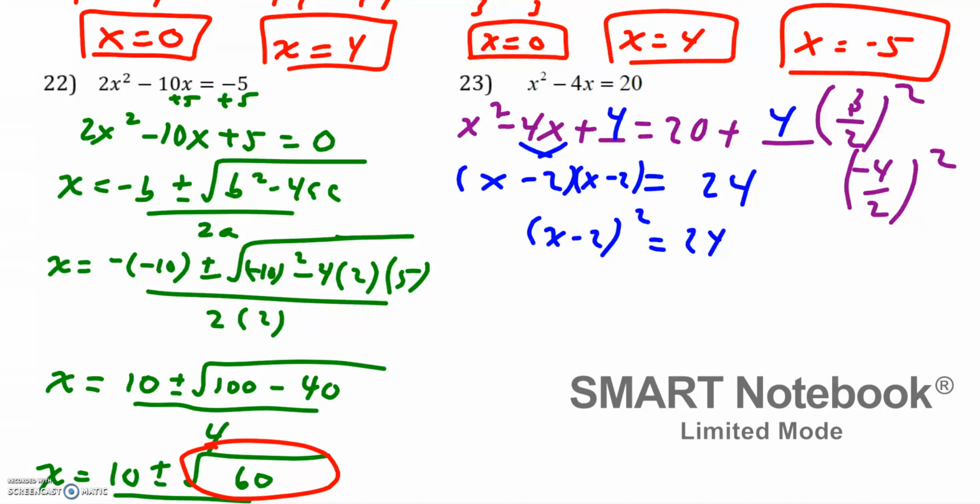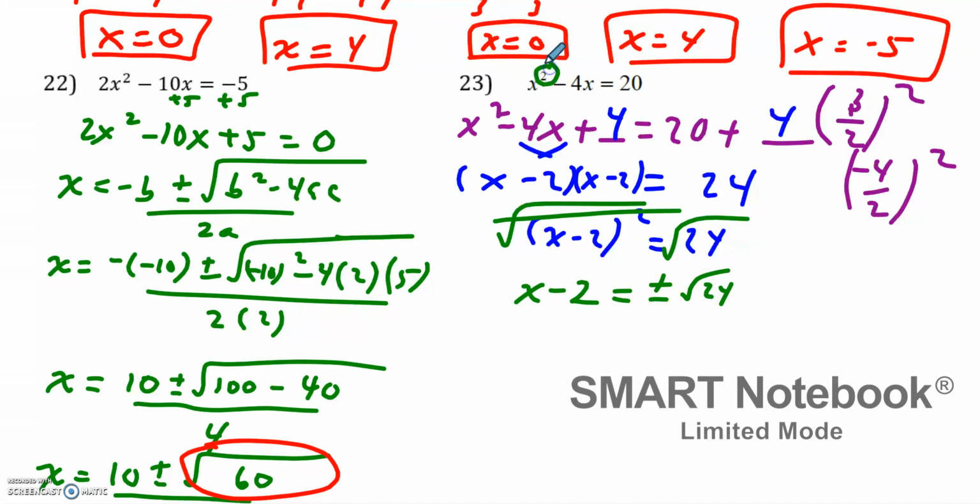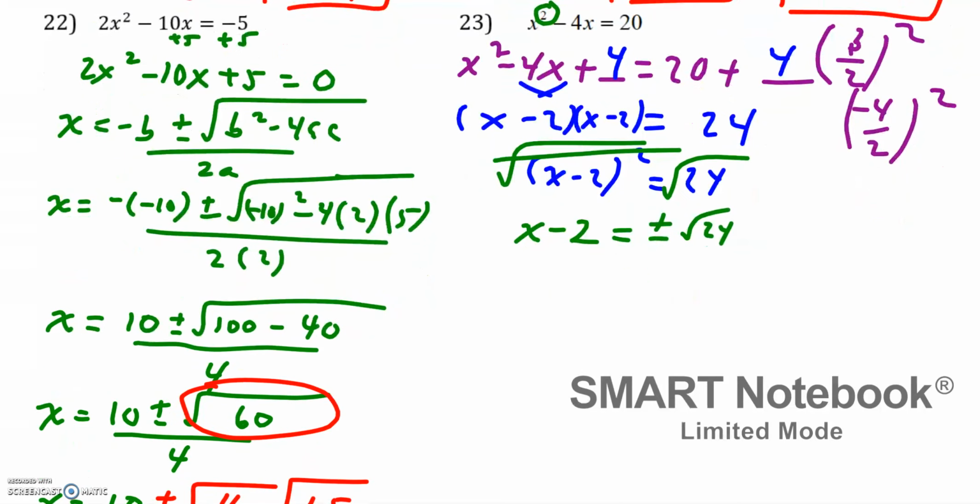The reason we do this is because this problem does not factor, so we're forcing ourselves to use square roots instead. So now, if I take the square root of both sides, these cancel, and I'm left with x minus 2 equals plus or minus root 24. And the reason we need this is because it is a quadratic function. There are two answers usually.